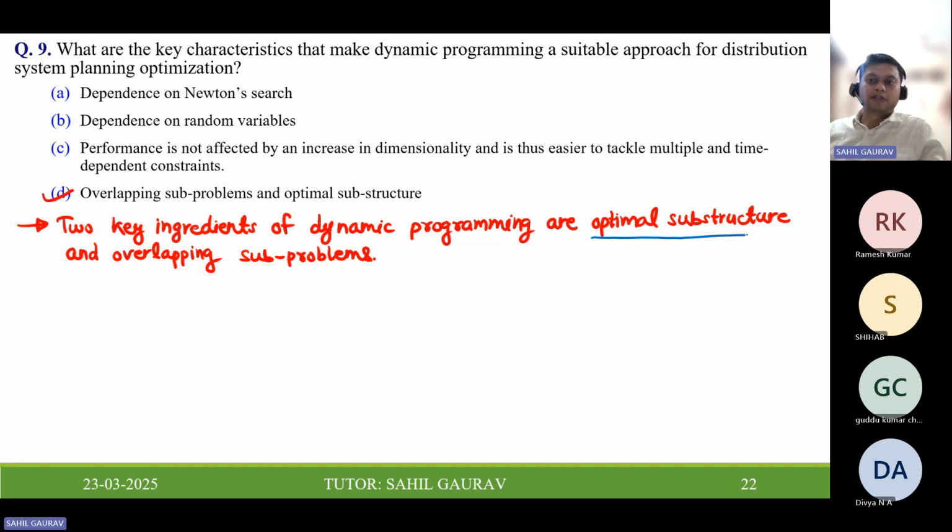So two ingredients are optimal substructure and overlapping subproblem. So this makes it an effective, suitable approach for distribution system planning optimization.